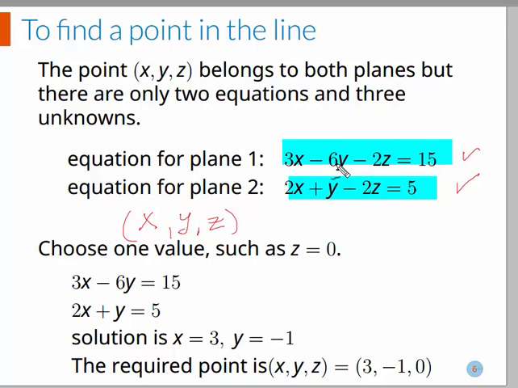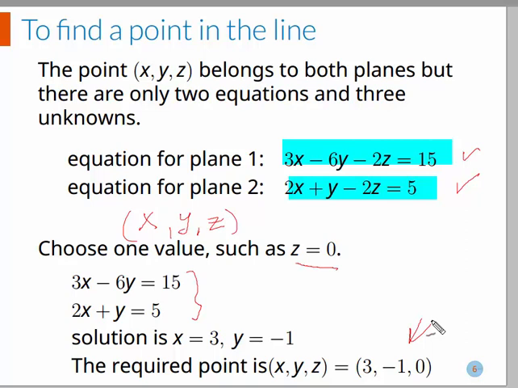So here's how this is done. We choose one value. Choose one for z, or choose an x, or choose a y. Then we're left with 2 equations and 2 unknowns here, which we can solve. We solve that, we get x equals 3, y equals -1. Since we'd already selected z of 0, there's the point in the plane.